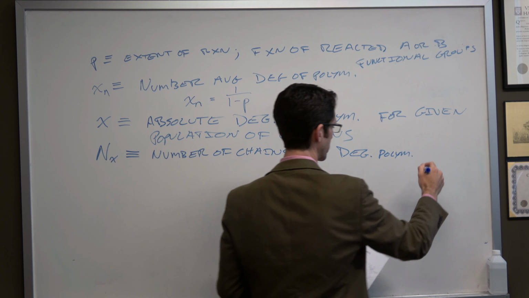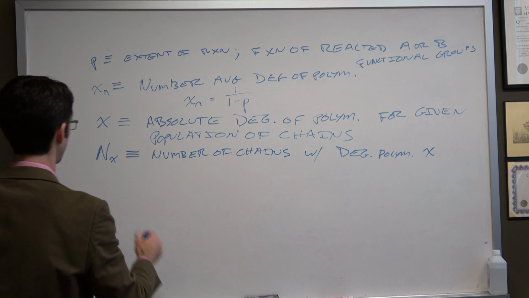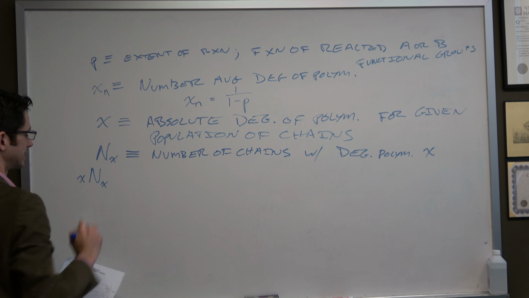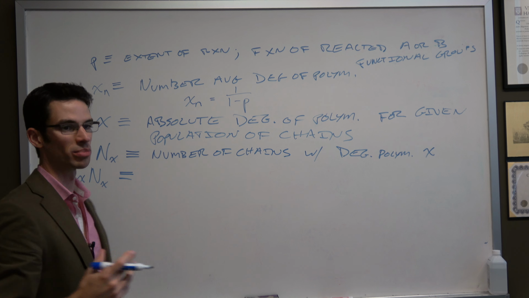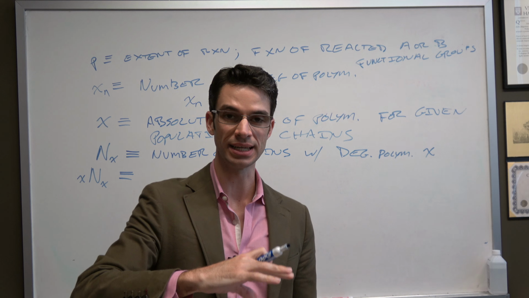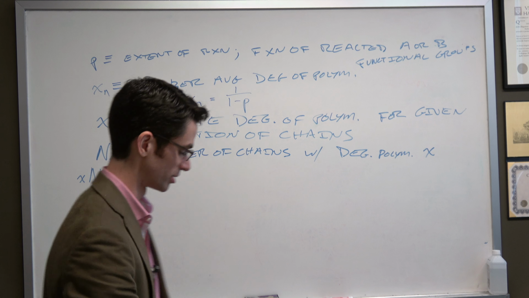Therefore, x times n sub x is the total number of monomer units incorporated into polymer chains with degree of polymerization x.